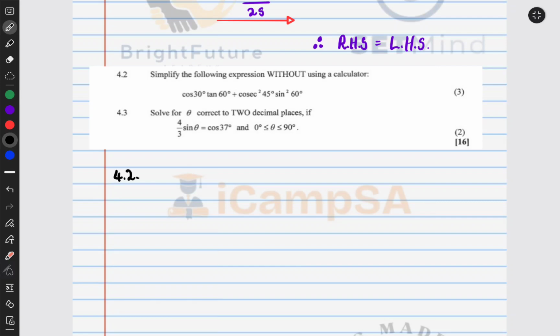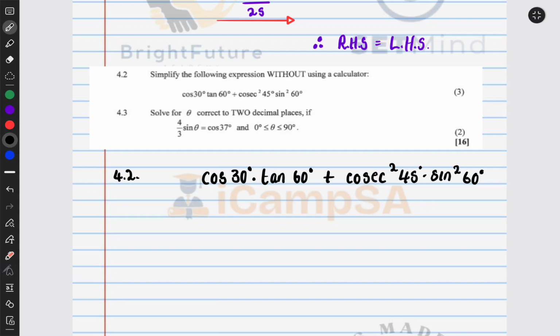You already know what the special angles are, I hope: cos 30 degrees multiplied by tan 60 degrees plus cosec squared 45 degrees multiplied by sine squared 60 degrees.